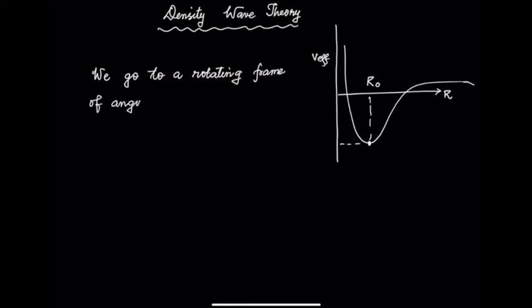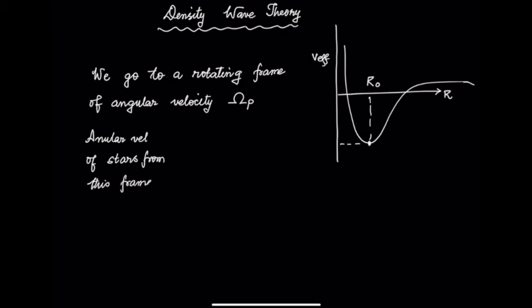And that, from an observer outside, has an angular velocity omega p. P here stands for pattern. We'll see why it is important. So from that frame, the angular velocity of the stars is omega prime, which is omega minus omega p.